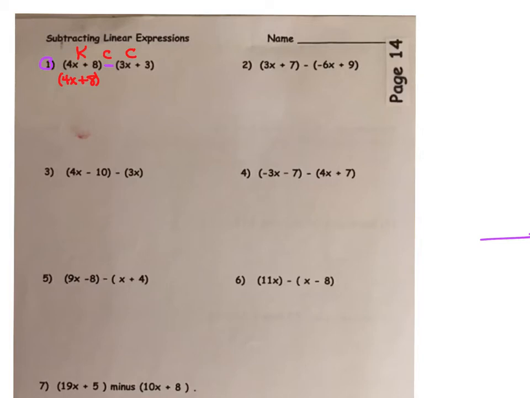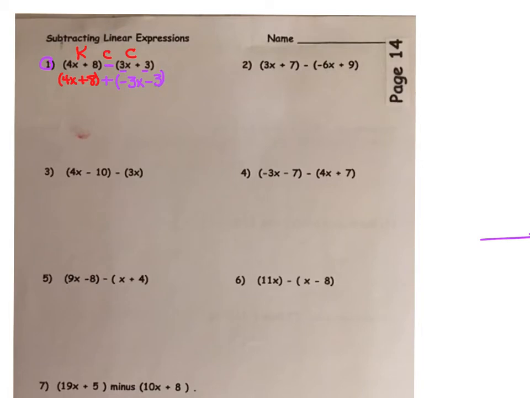But subtraction turns to addition, and each term in the second expression flips to its opposite. The positive 3x becomes negative 3x, and the opposite of plus 3 is minus 3.